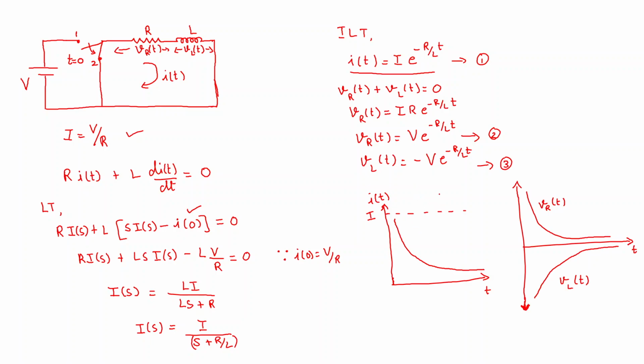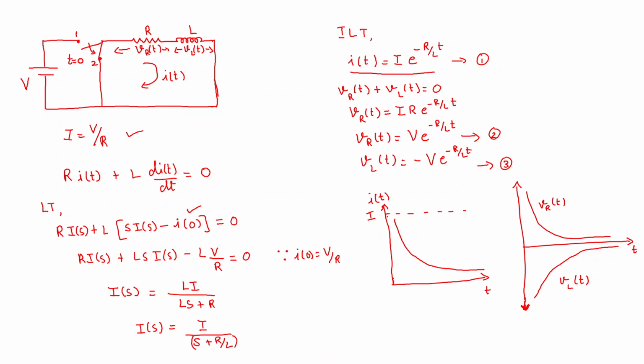Here is the graphical representation for equations 1, 2 and 3, and you can see that the current in this loop decays to 0. The initial current through the inductor and the resistor was the steady state current, capital I, and when the switch got locked to position 2, that current I slowly decayed to 0.